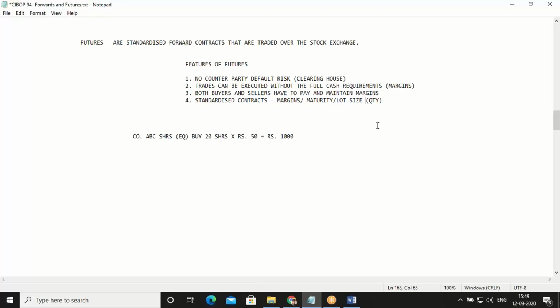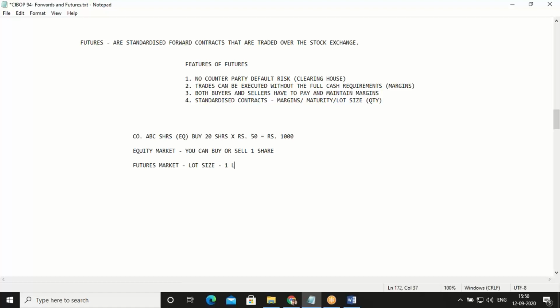All right. So when we talk about standardized, margins are standardized, maturity is standardized, lot size is standardized. Now let's understand what lot size is. In the equity market, you can buy or sell one share. But in the futures market, we call that a lot size.